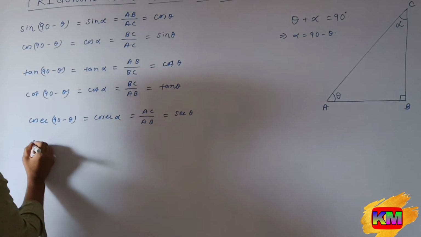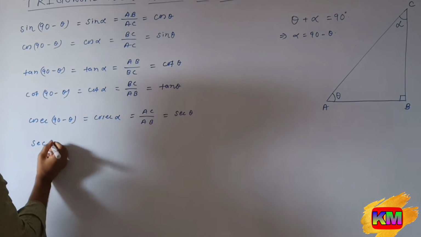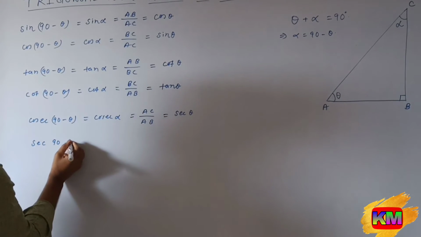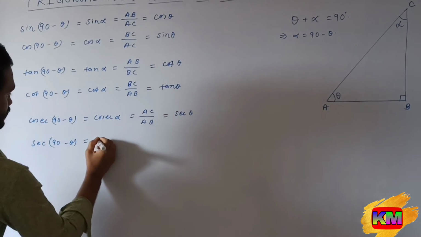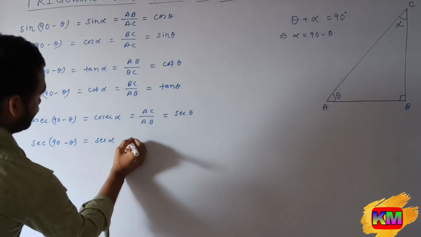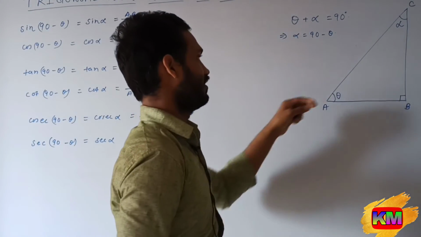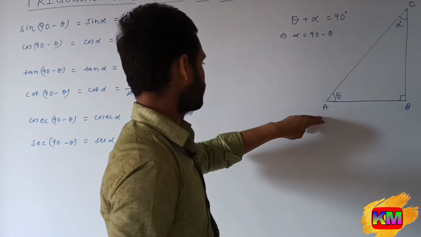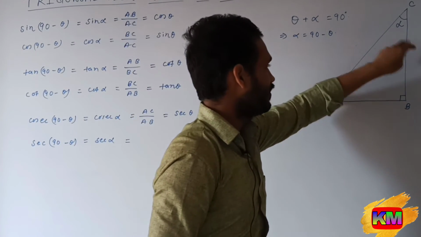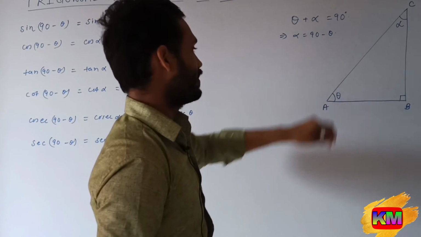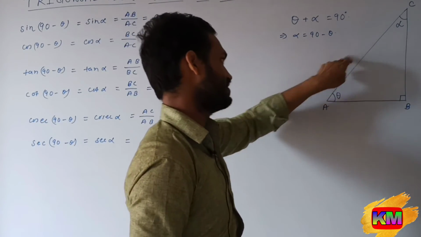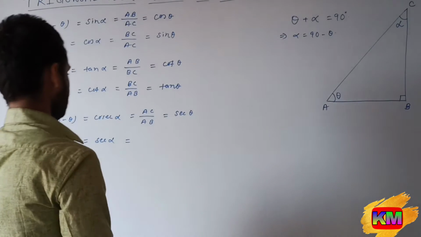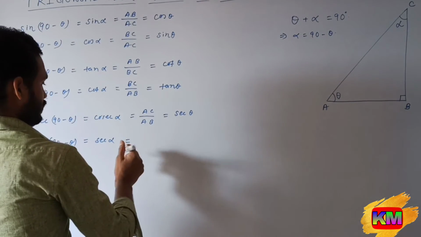Similarly, for sec 90 minus theta, it will be sec alpha, and for alpha, BC is base and AC is hypotenuse.